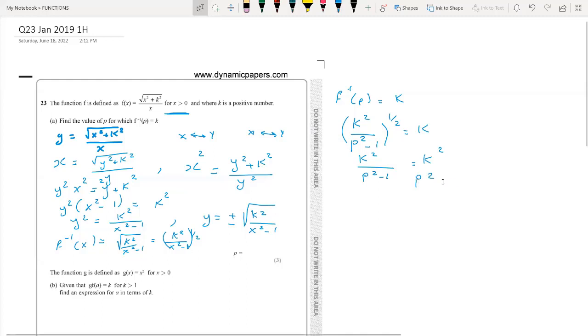This means that p squared minus 1 is equal to k squared over k squared, which is equal to 1. So p squared is equal to 2, so p is equal to root 2. Again, p is greater than 0, so p should be equal to root 2.